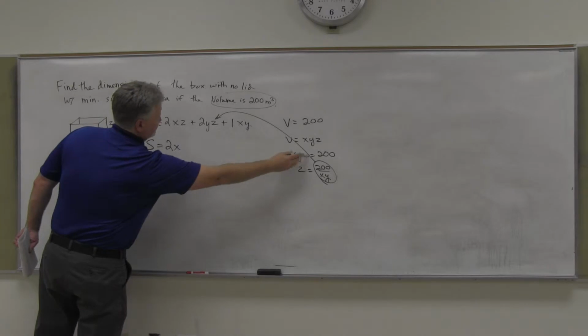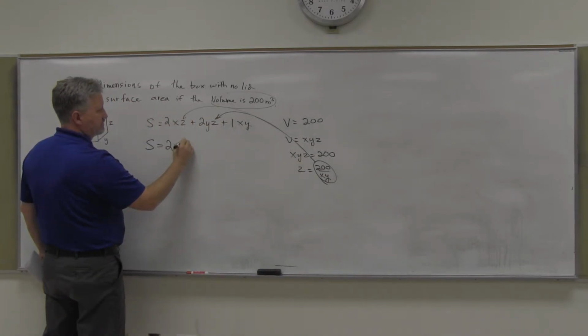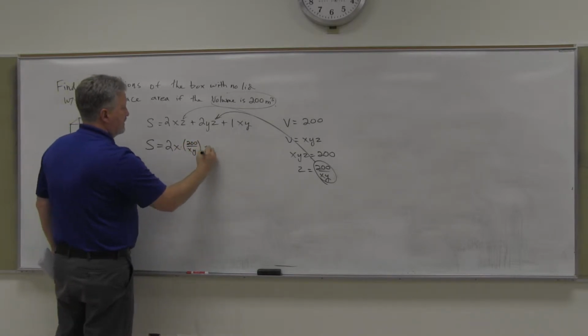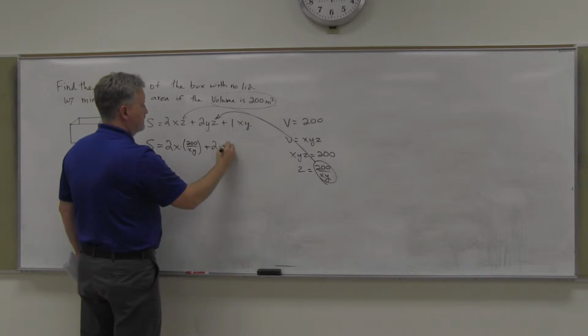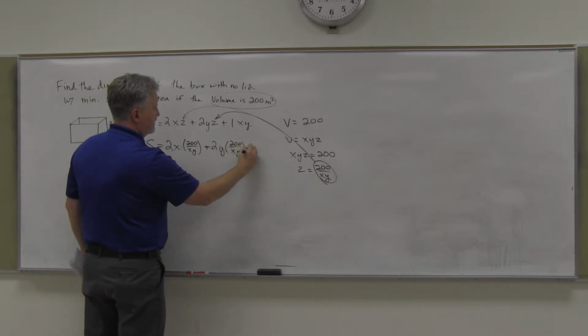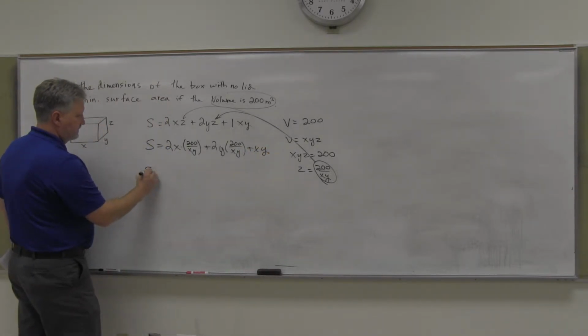So it goes here too. It'll be 2 times X times 200 over XY, and then 2Y times that, 200 over XY, plus XY. It cleans up a little bit, I guess.